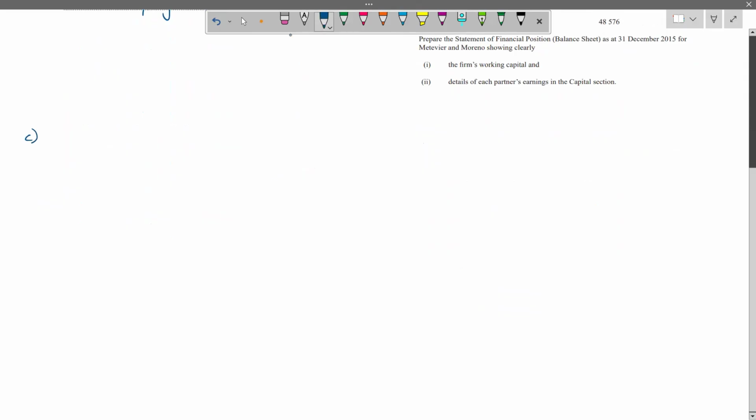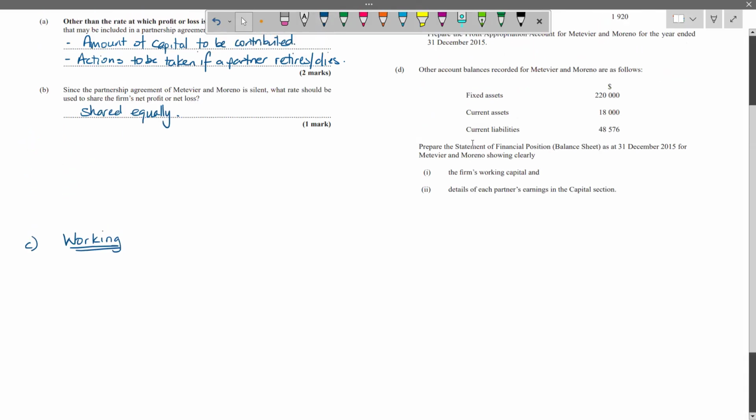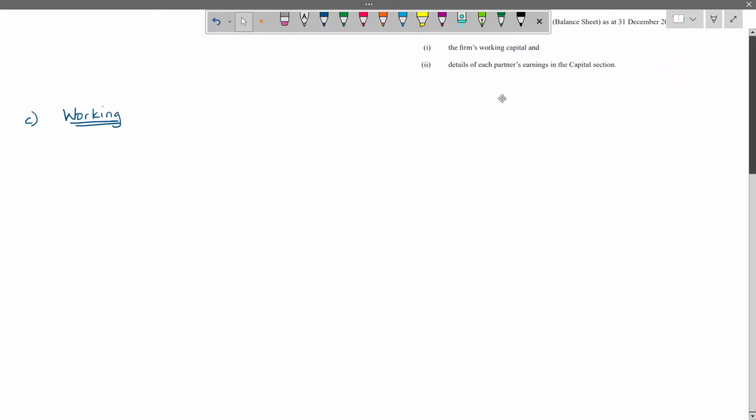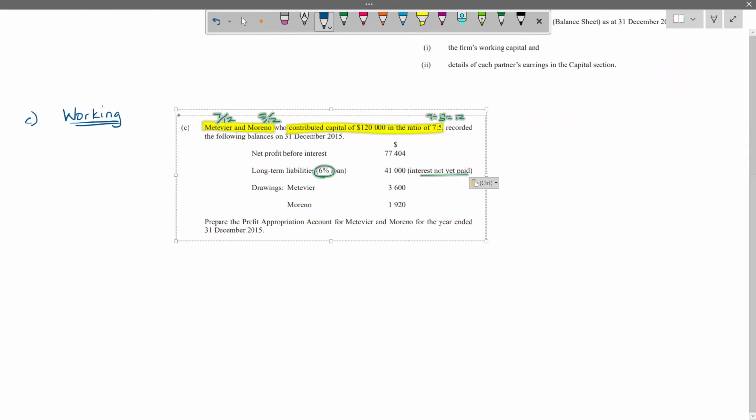Now, before you get into the actual write-up or the actual appropriation account, what we need to look at is our working.